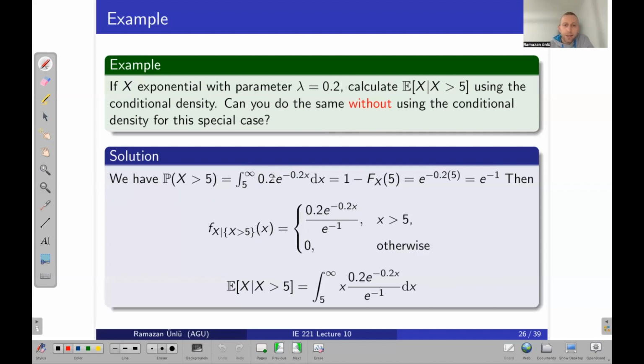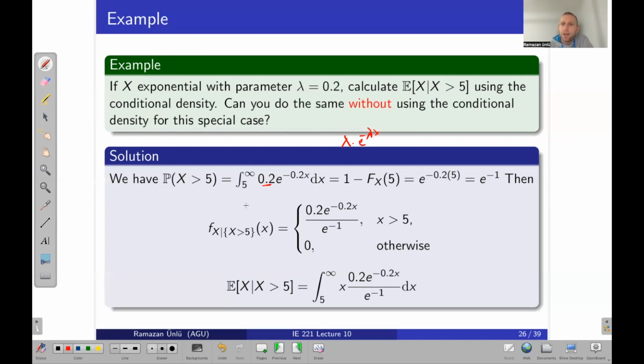Remember the PDF of the exponential distribution is lambda times e to the minus lambda x, which is 0.2 times e to the minus 0.2 x dx.